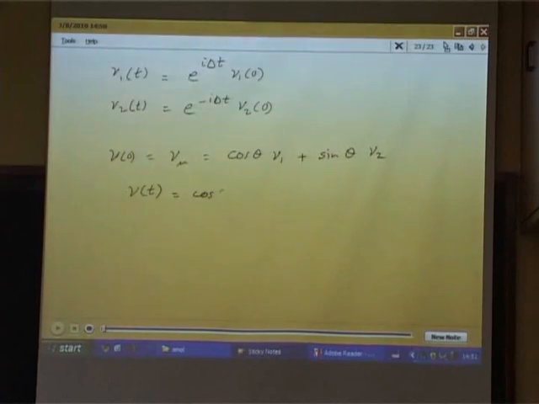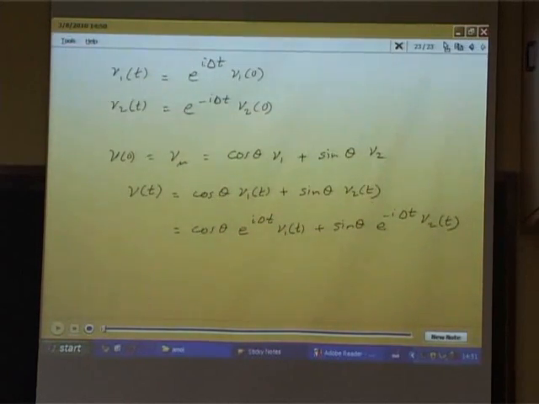So this will therefore be cos theta of nu1(t) plus sin theta of nu2(t), and I am following exactly what we did earlier. So we know what nu1(t) becomes. So this is cos theta times e power i delta t times nu1(0) plus sin theta e power minus i delta t times nu2(0).